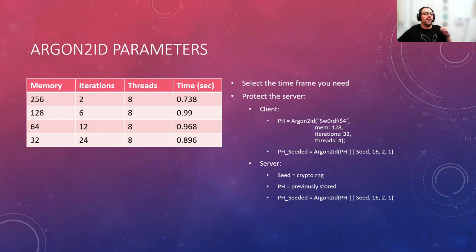This is the case where our parameters and the algorithm were meant to be as inefficient as possible. And you can see that it is inefficient on multiple axes. So memory, number of iterations, number of threads, stuff like that.